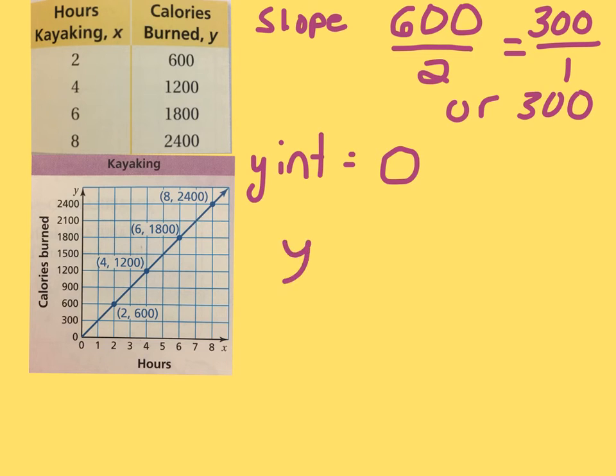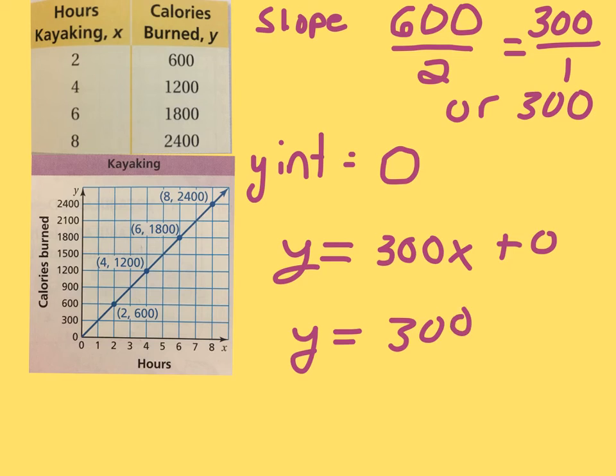Y is equal to 300x, because that's our slope, plus 0. We don't even need to write that 0. That's going to be the same thing as y equals 300x, just like that.